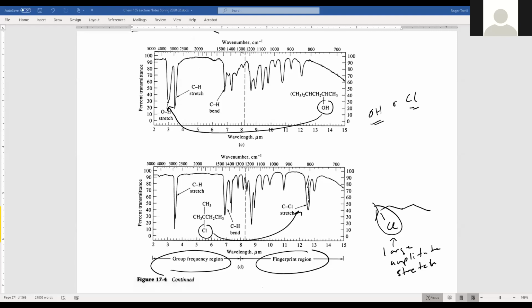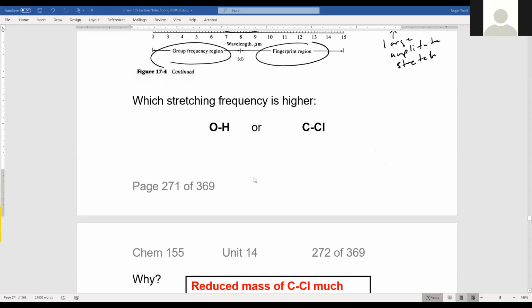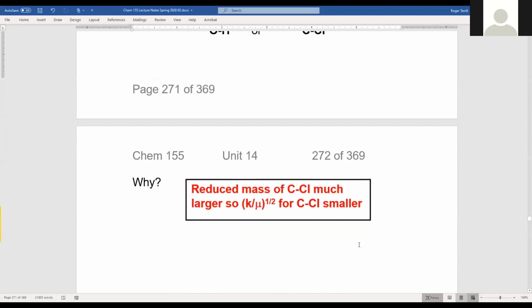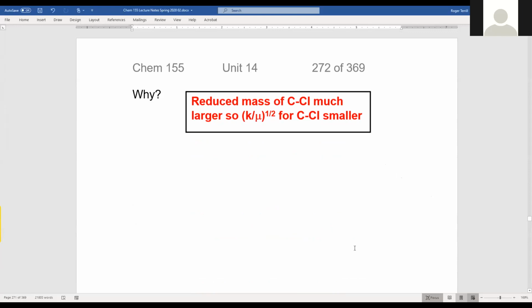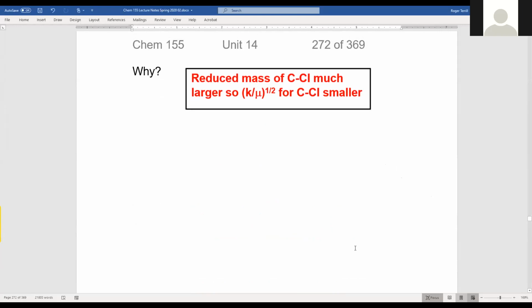So let's say you have chloroform. I'll take a decent example here. I'm going to invent some spectra. Here's where I can write about this idea. The root K over mu value for CCl is small.